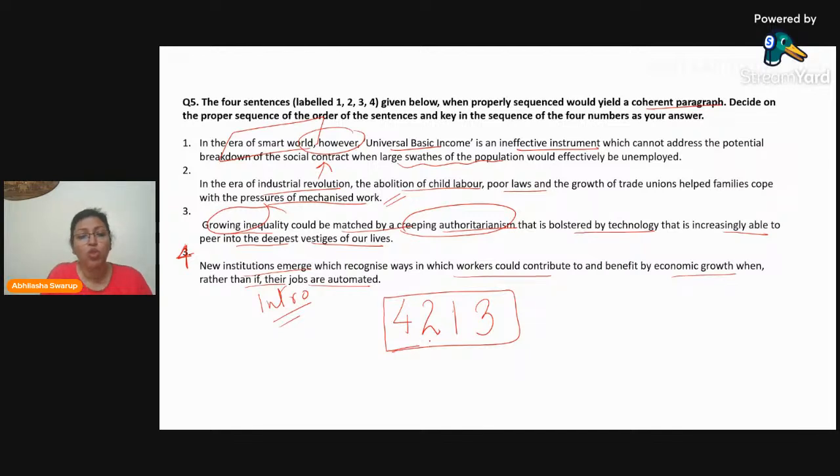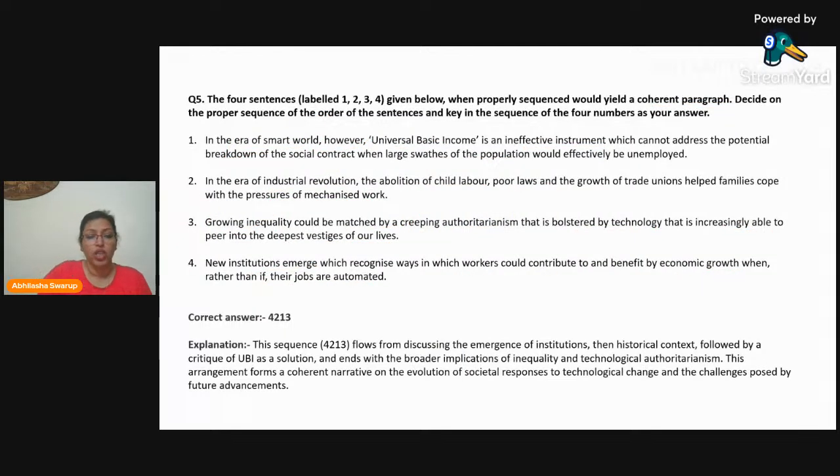Then we came to the past, the industrial revolution. Then we said, okay, but that's not what is happening now, right? And then finally we said, okay, what can happen? So that was the sequential flow in these sentences: 4, 2, 1 and 3.